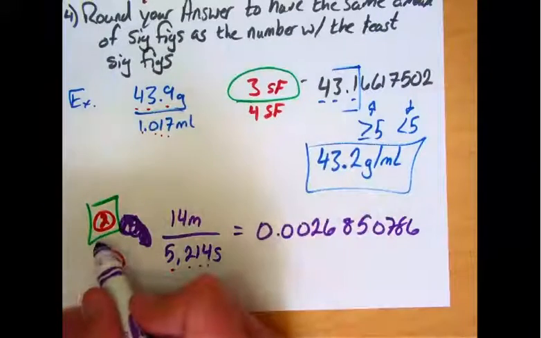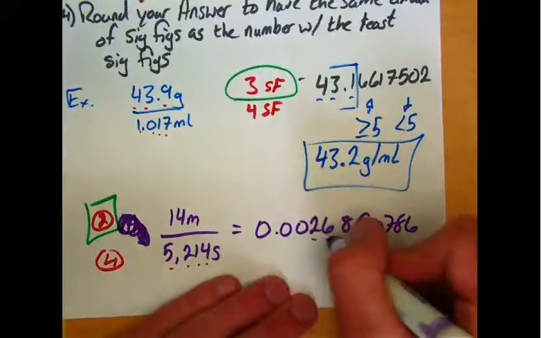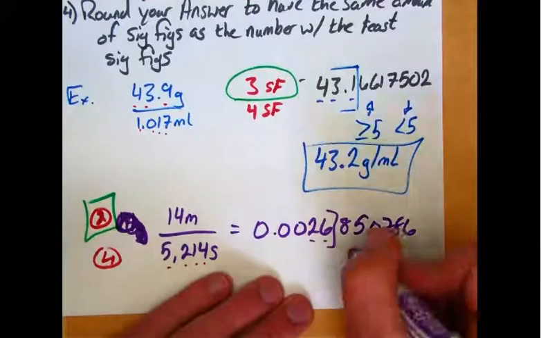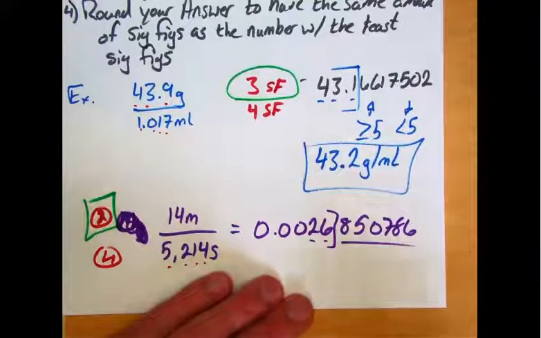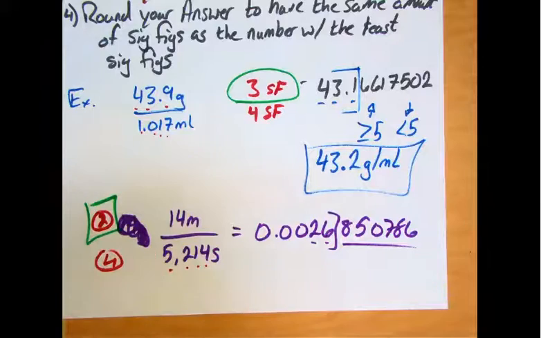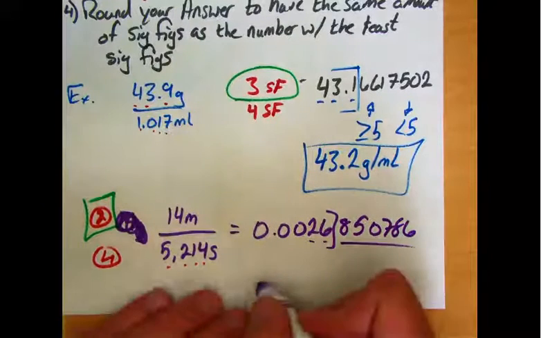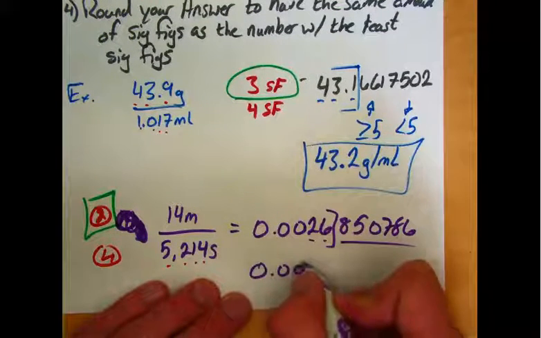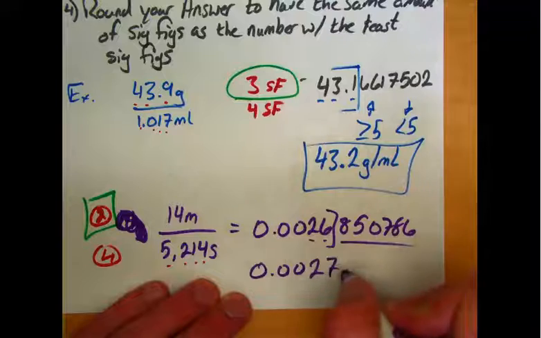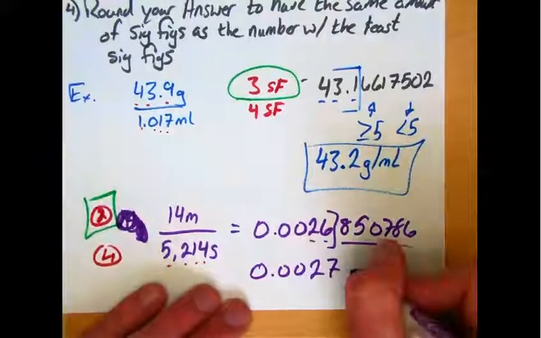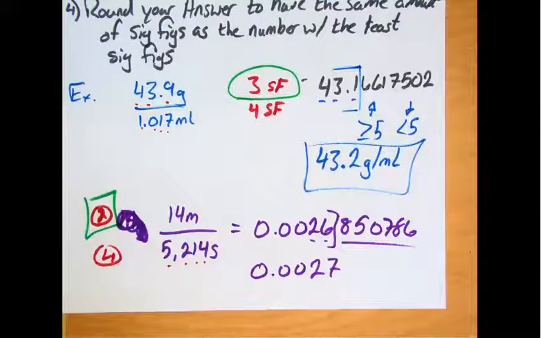Now I need this to have 2 sig figs, so I count my first 2, and then everything else drops to a 0. So my final answer for this will be 0.0027, and I round up to 7. Everything else drops to a 0, and I don't need to write it. So let's do my last problem, where we're going to multiply a couple together.